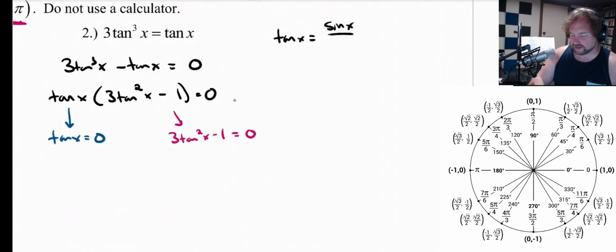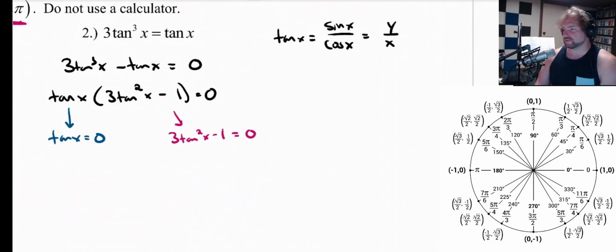Tangent is usually thought about as the sine divided by the cosine, or sometimes the y over the x, since sine is the vertical and cosine is the horizontal. If we're looking for when the tangent is equal to 0, well, cosine can't be 0 because that would make it undefined. So we're really looking for where the sine is 0. So I think it's worth mentioning that tangent is 0 whenever sine is 0.